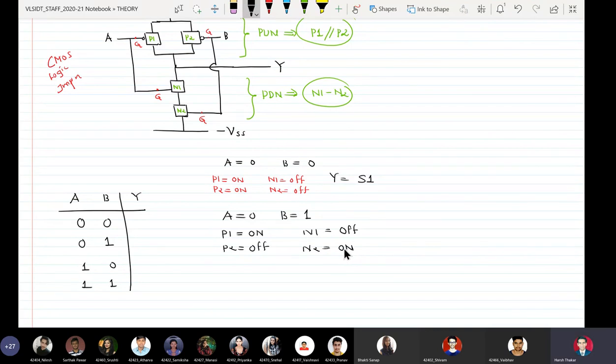Got the point? What is the conclusion now? What is the output now? P1 is on, P2 is off, N1 is off, and N2 is on. So output is equal to 1. Correct. It will be 1. Again you made a mistake. It is strong 1.